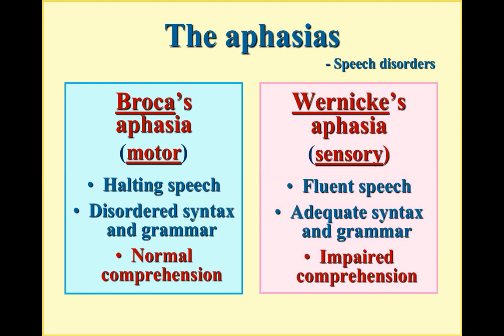And their speech, even if it's fluent and adequate in grammar, doesn't bring any sense. So actually, Wernicke's aphasia is, as you can see, much worse, and it results in loss of personality of the person, because there's no normal brain anymore.